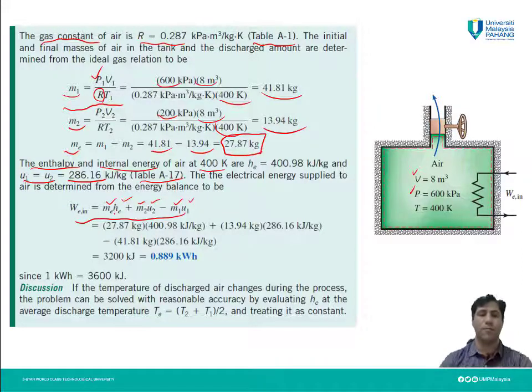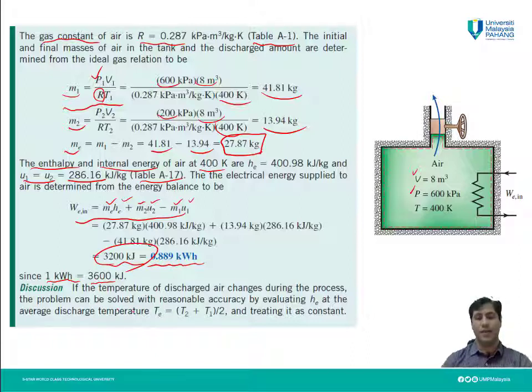If we substitute the values which we found for each one of these properties, we can calculate WE in, which is equal to 3000 kilojoule or 0.889 kilowatt hour. So this is the required electrical energy to keep the temperature of the air constant during this process. To convert to kilowatt hour, we know that 1 kilowatt hour is 3600 kilojoules. So simply we can convert to kilowatt hour.